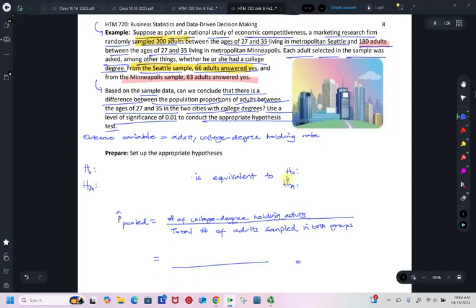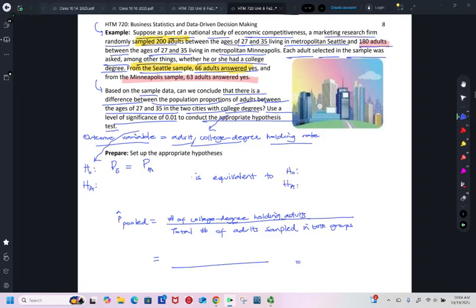Well, in this context, the outcome variable of interest would be an adult who holds a college degree in any of the two cities. So the appropriate hypothesis to set is to go to the Seattle sample and look at the proportion of those who hold a college degree in Seattle compared to the proportion of those who hold a college degree in Minneapolis.